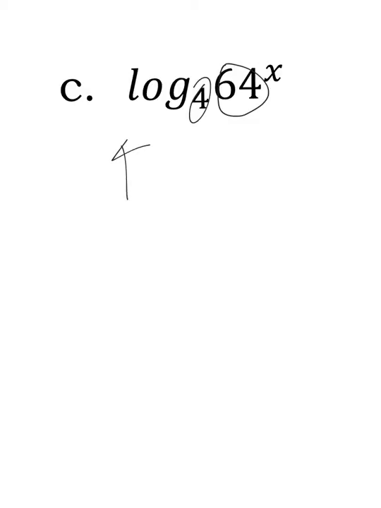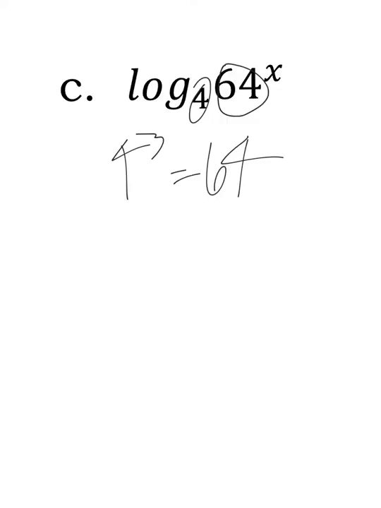Alright, maybe that sounds confusing. So let's see here. 4 to the third power is 64. That's what I mean. It helps to kind of know your exponents or just play around. If you see your base and you see the number and it's not the exact same number as the base, you need to start raising your base to a power to get it to become that number.